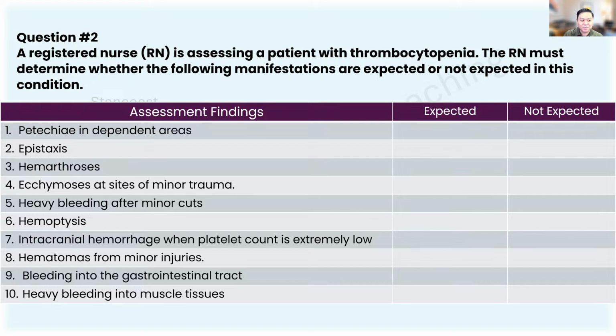Now, guys, you have to be careful in choosing the following assessment findings, because not all the bleeding signs can be directly associated with the regular thrombocytopenia. Some of these bleeding signs and symptoms can be associated with something else. So make sure that you are careful in answering.